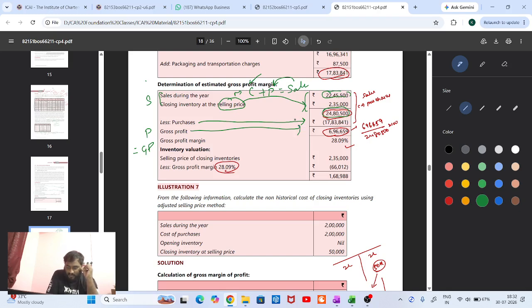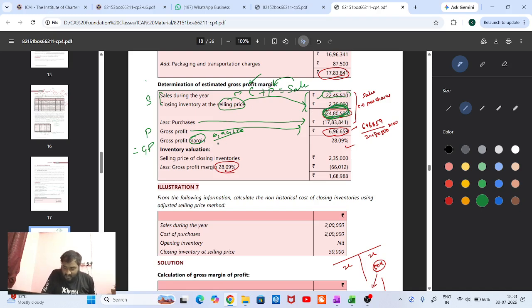Now, how do you calculate gross profit margin? Gross profit, 6,96,659, divided by sale. This is the value of sale, and we consider this because profit is included here.